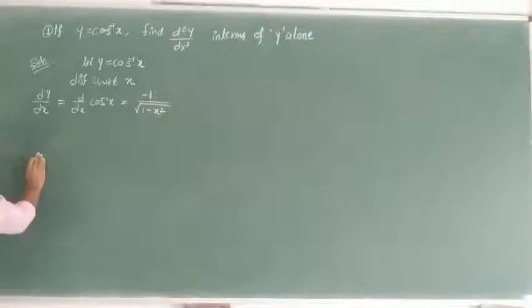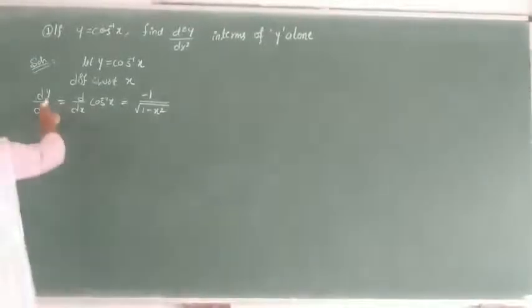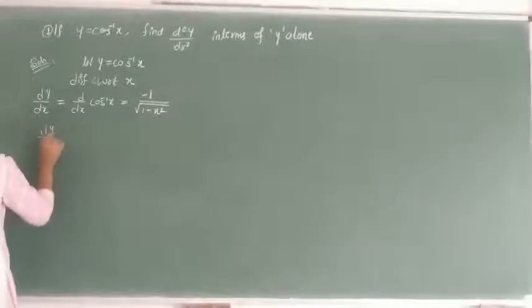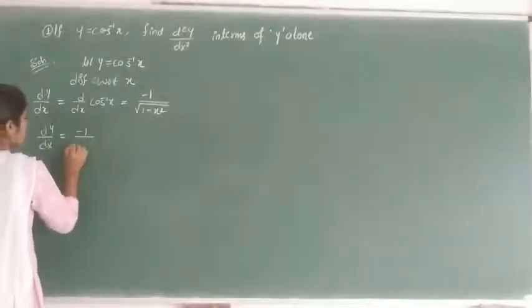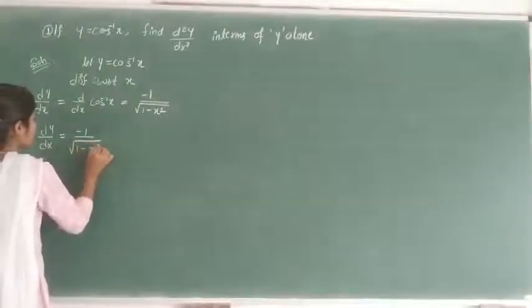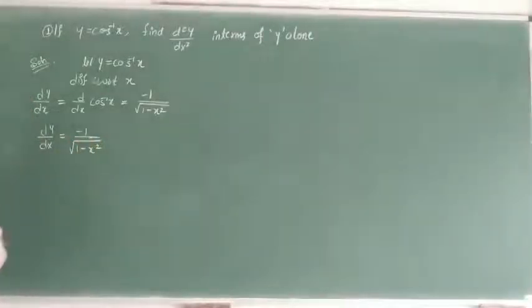So dy by dx will be minus 1 divided by square root of 1 minus x square. This is dy by dx, the derivative of y with respect to x. Now how will I write this equation?